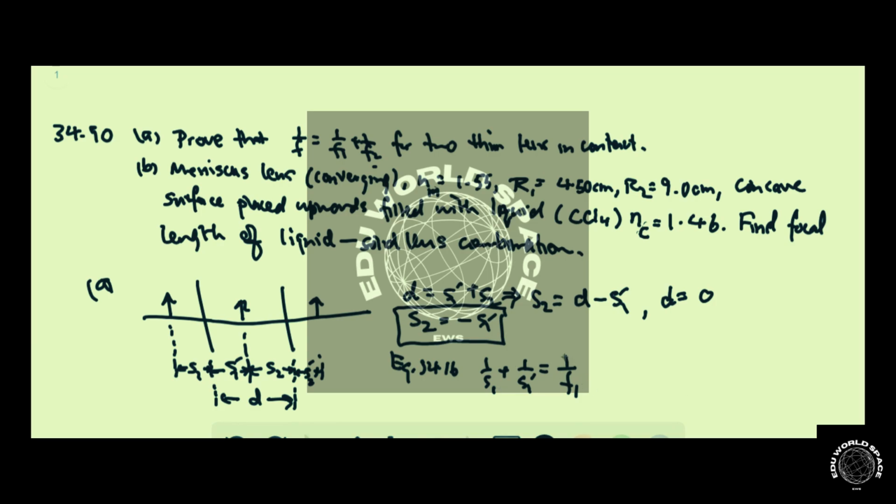What we'll do now is find the image in terms of S1 and F1. So that's simply 1 over S1 prime is equal to 1 over F1 minus 1 over S1. Okay, so that's from our first use of equation 34.16.